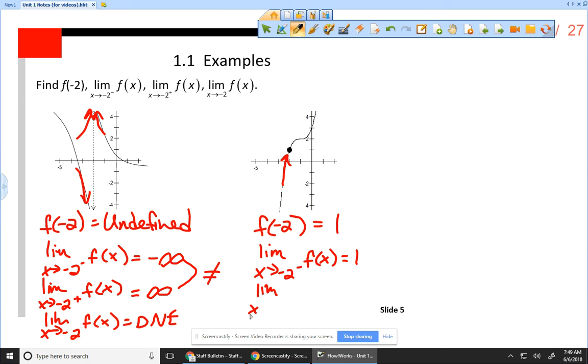The limit as x approaches -2 from the right of f of x, we are also approaching a y value of 1. These two are the same, and so the limit as x approaches -2 of f of x is equal to 1.